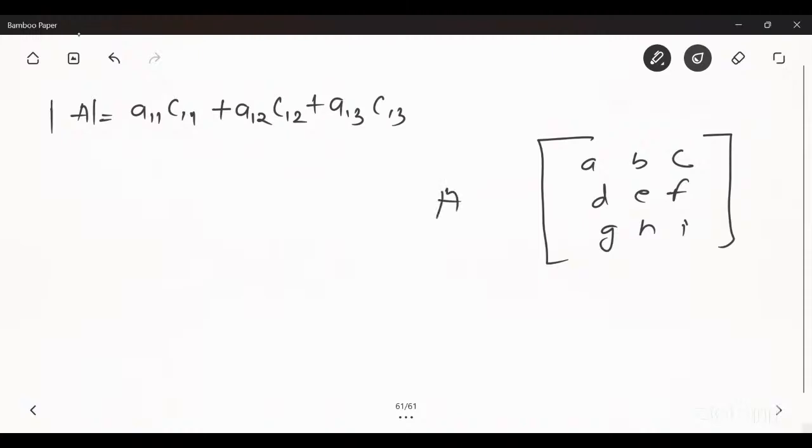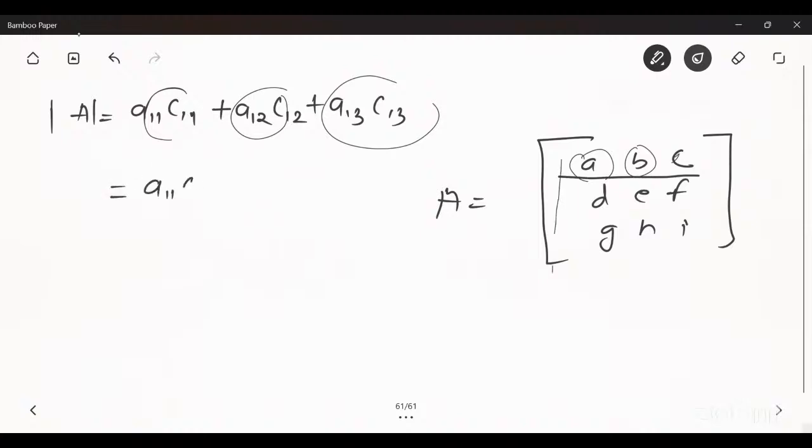You multiply each element with its cofactor and add them. So you will get the value of the determinant. Either you can take it by row or you can take it by column. So you can take it by column also: A11 C11 plus A21 C21 plus A31 C31. So you will get the same value. Okay. So determinant means multiply each element with its cofactor.